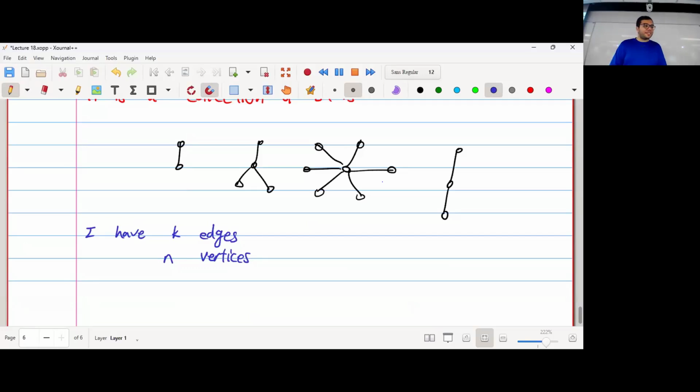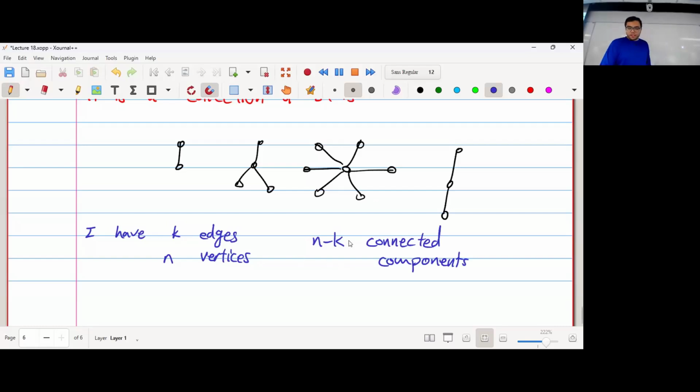N minus K, right? N minus K connected components. I don't even need the fact that my connected components are stars at this point. I just need the fact that my entire graph is a forest. So every connected component is a tree. I don't have cycles. So if I have a connected component with I vertices, then it has I minus 1 edges, right? So if I have K edges overall, I should have N minus K connected components.